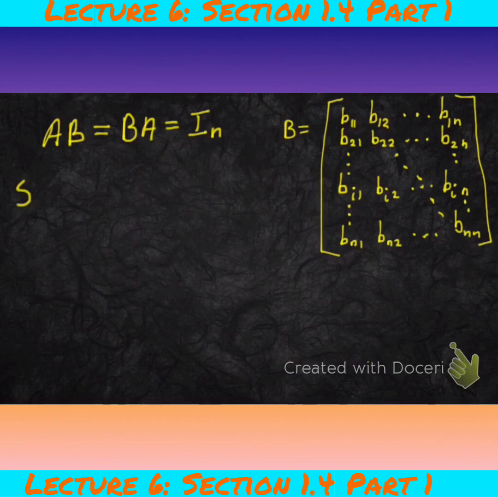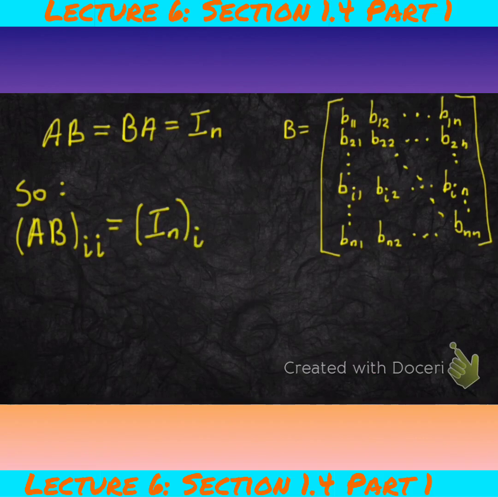Okay, so if we look at A times B and we look at the entry in the ith row and the ith column of A times B, that should be the same as the entry in In, which lies in the ith row and the ith column.